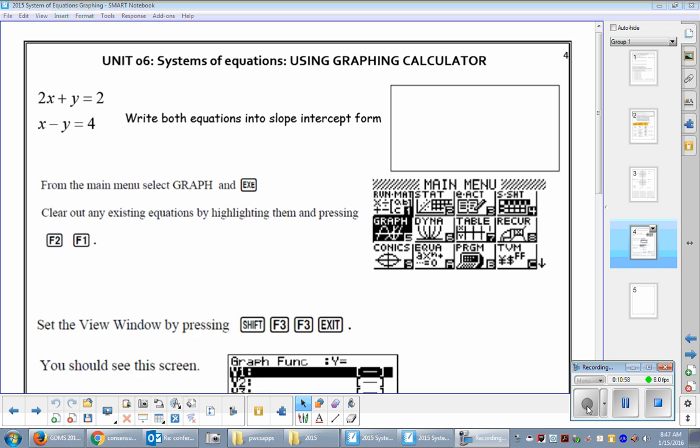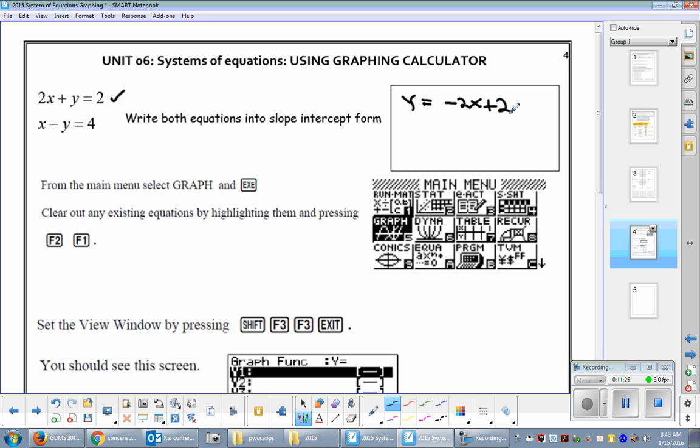So now let's try to use our Casio to graph our systems of equations. So the first step is to write our equations into slope-intercept form. So for my first equation, we can write that as y equal to negative 2x plus 2.